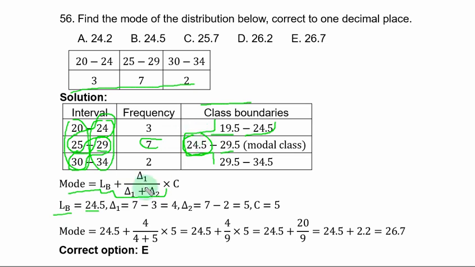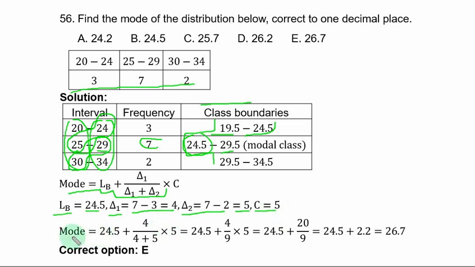Delta 1 is the difference between the modal frequency and the one before it, that is 7 minus 3 equals 4. Delta 2 is the difference between the modal frequency and the one after it, that is 7 minus 2, you have 5. Then C is the class size, 5.